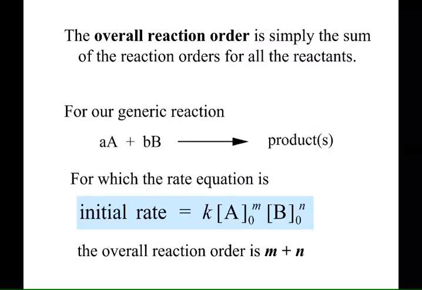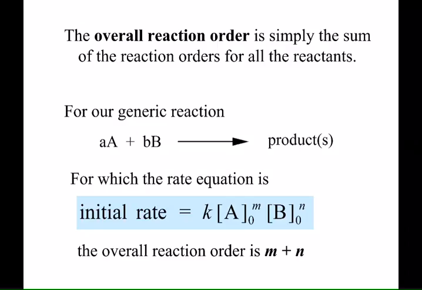For this scenario, the overall reaction order is equal to M plus N. And like I said yesterday, these reaction orders don't have to be integers. We're going to focus on integers, at least starting out. They don't have to be positive, but they most likely are.